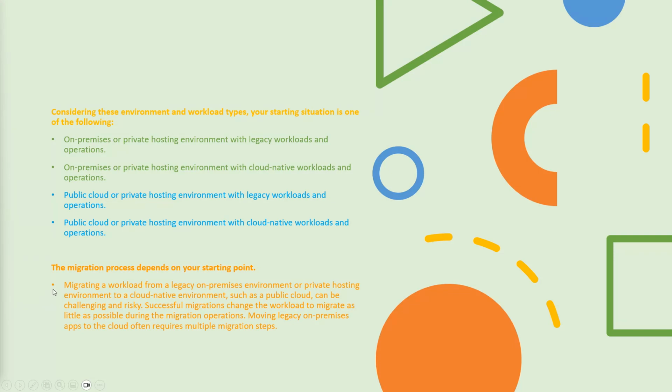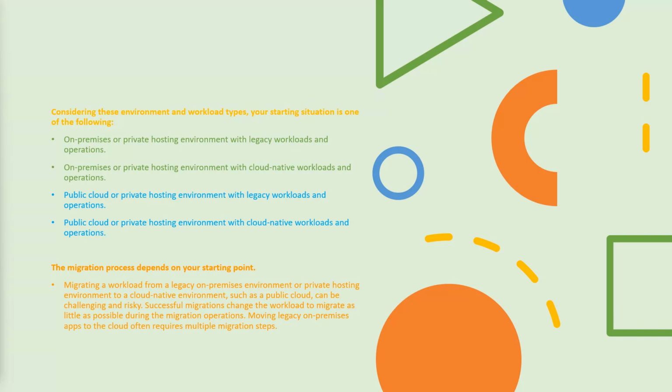And the migration process depends on your starting point, where you are, based on the information listed above right here. If, like I said, you have a cloud native environment such as public cloud, migration can be challenging and risky.